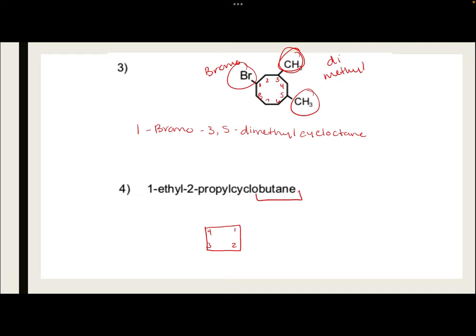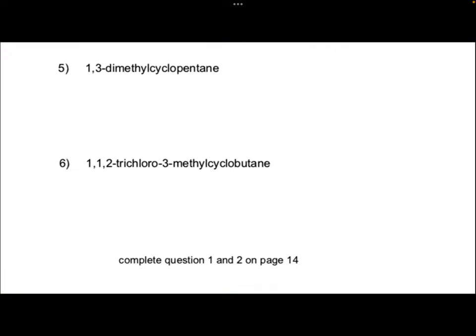From there, we can write out where the groups are going to be located. We're going to have an ethyl on 1 and then a propyl on 2. Ethyl is CH2, CH3, and then our propyl is going to be CH2, CH2, CH3.